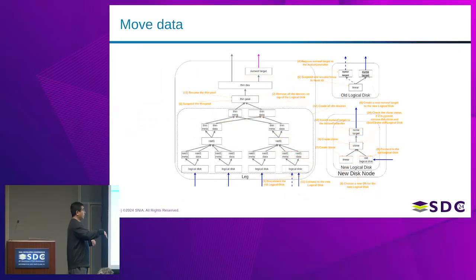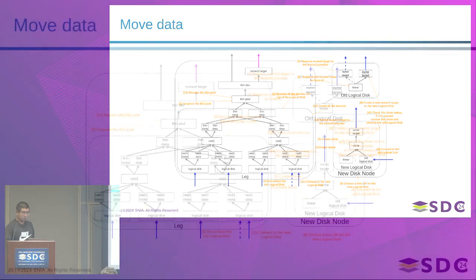Then the new data will be written to the new disk node. At the same time, the clone target will copy data from the old disk node to the new disk node. After all the clone tasks are done, we can remove the clone, and then we can offline the old disk node. That's all the operations I want to show.